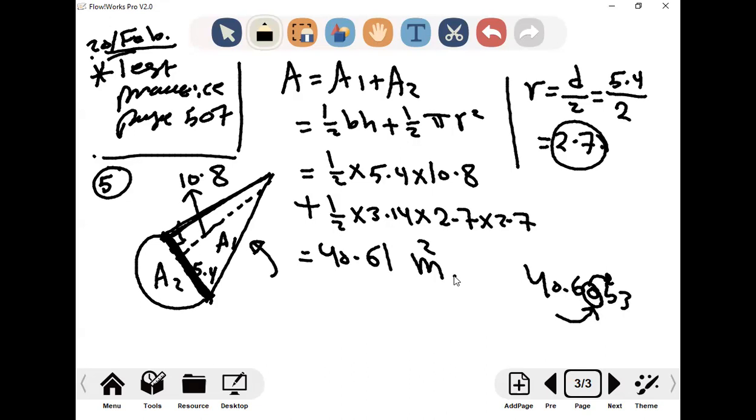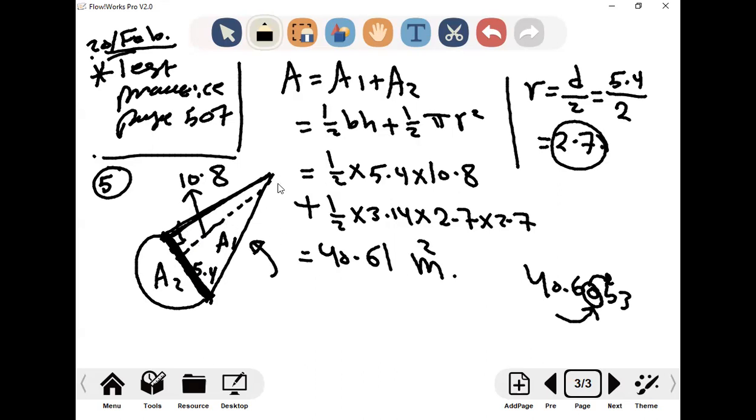Yes, Adnan. I have a half circle, right? Half circle. And I have what here? Triangle. So the whole area is the area of the triangle plus the area of the half circle.